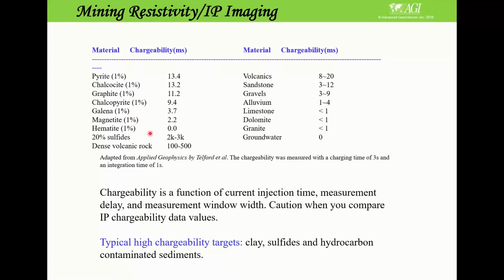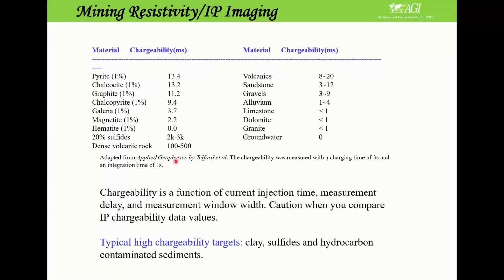So that's the important part. For example, here 25% sulfides goes to 2 to 3,000 milliseconds, but you don't get that. You generally get in the field maybe 10, 30, 60, or 100 milliseconds in most cases in the study area. And I also put here dense volcanic rocks.